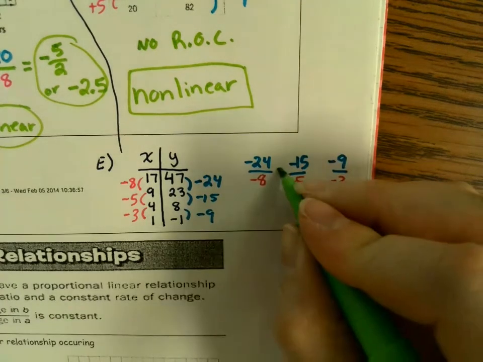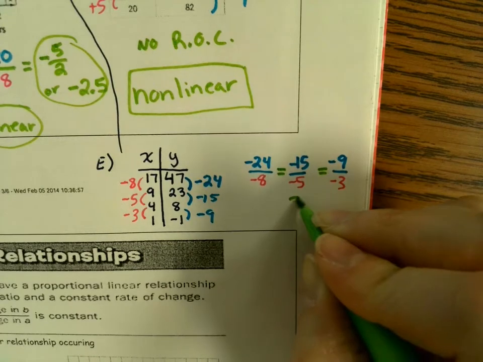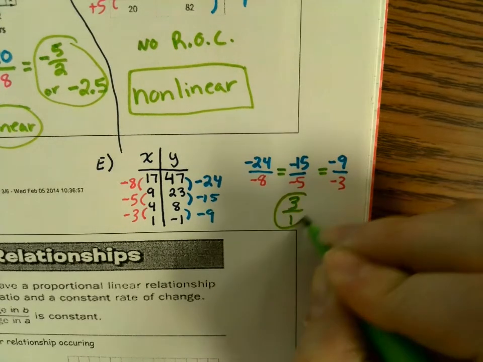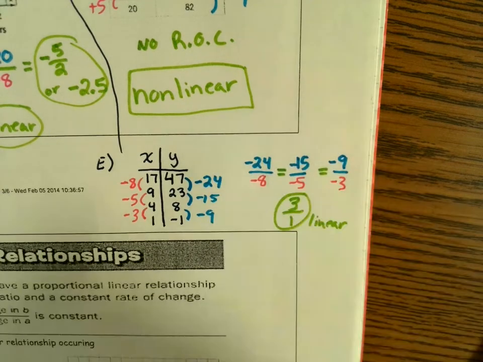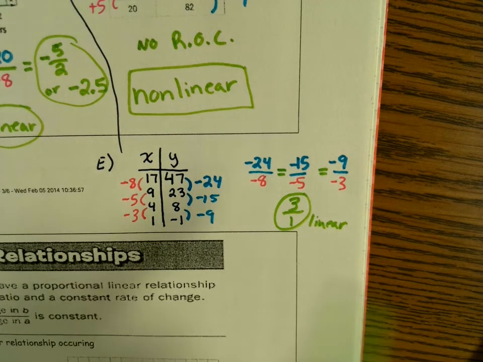They all equal 3 over 1, a positive 3 over 1. So that, again, makes it a linear relationship because it has that rate of change. Are there any questions so far?